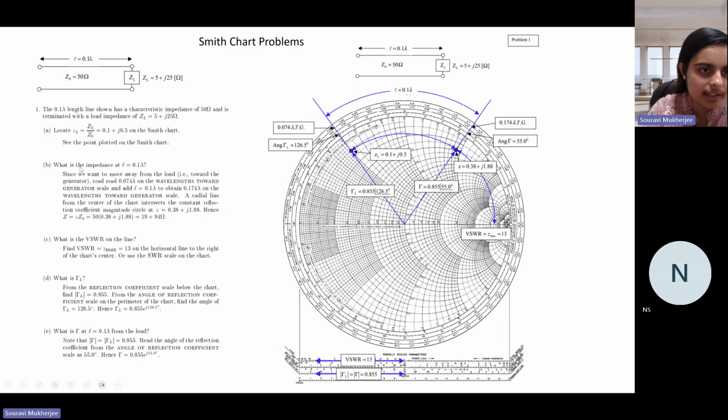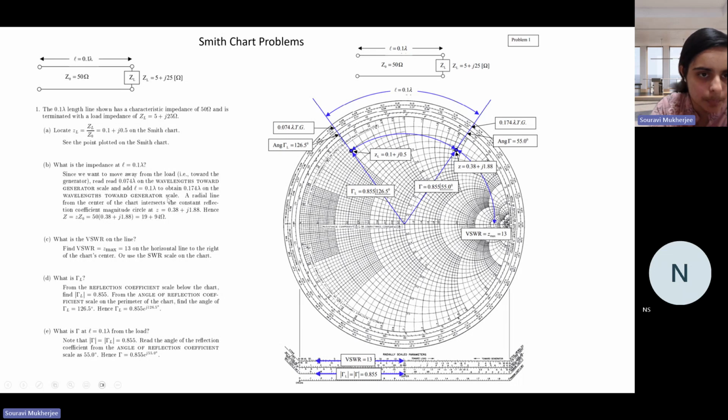Now it says that from here, can you find the impedance at L equal to 0.1 lambda? If you know the normalized impedance here, what would be the impedance at this end? This is what you want to find. Okay, so how do you do that? What we do is we extend this along this line. And along this line, the point that you are seeing here is your wavelengths towards generator scale.